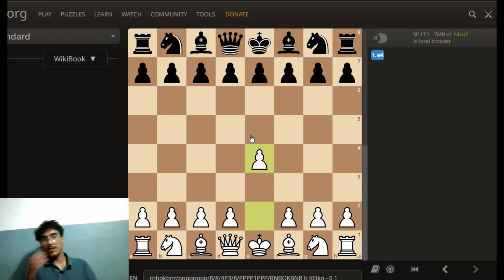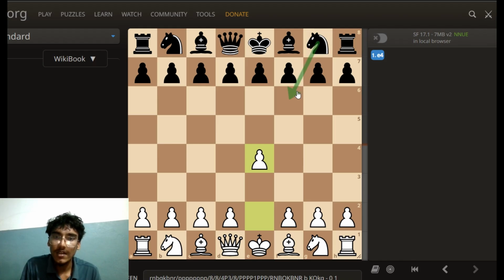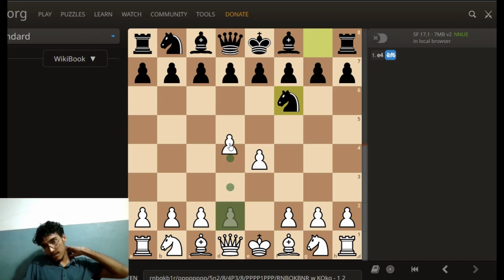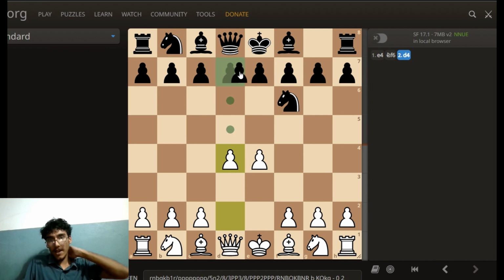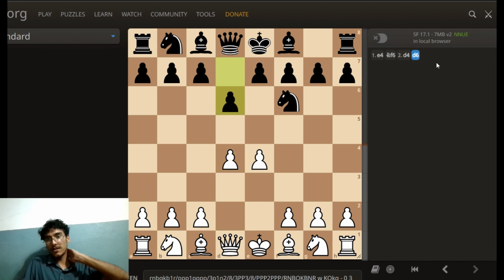And if you want to move the knight to this square, it will be written as knight f6. Look at this, here it is: knight f6. And then again d4 and d6. This is how the notation works.